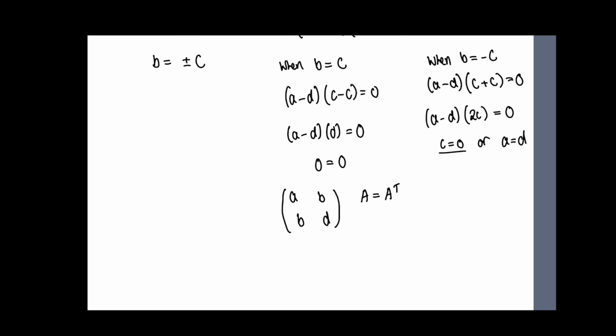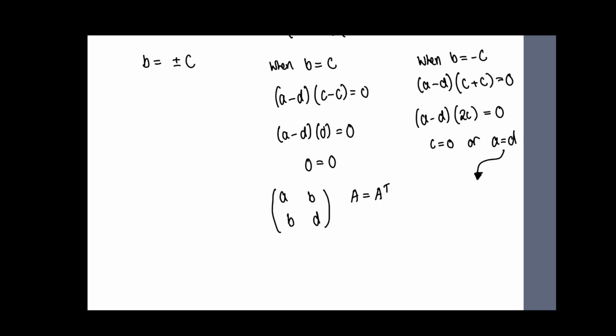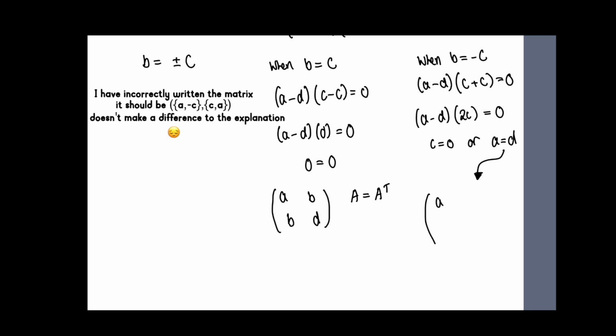Because C is equal to 0 is already considered when we had B is equal to C, it must be that this is the other solution where A is equal to D. If I have A is equal to D, we have the matrix A, B, and then minus C.